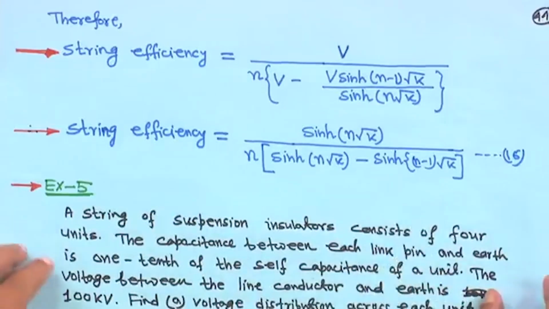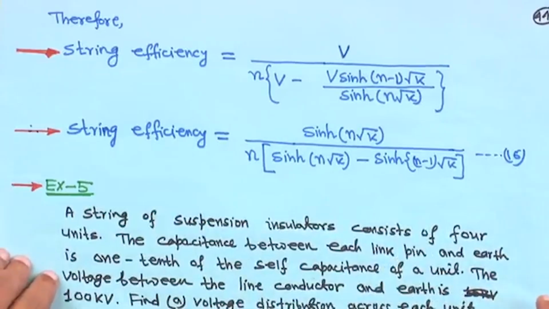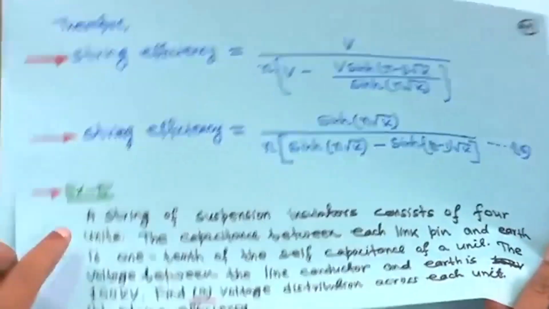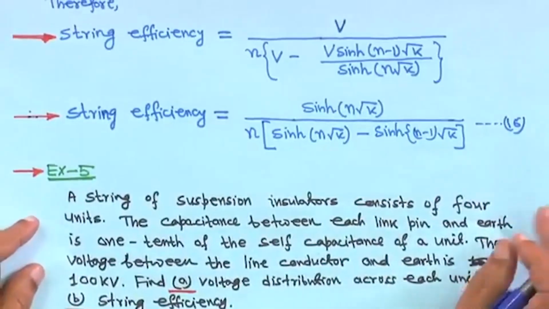If you imagine the string insulator in each disk as a long line with no inductance but with capacitance, the line capacitance and shunt capacitance Kc is there.